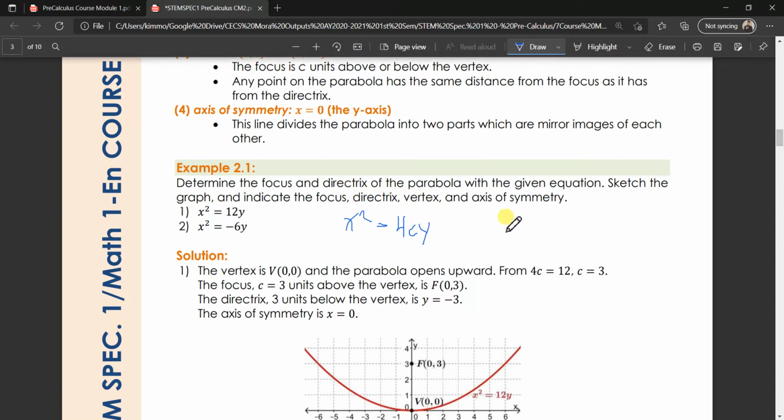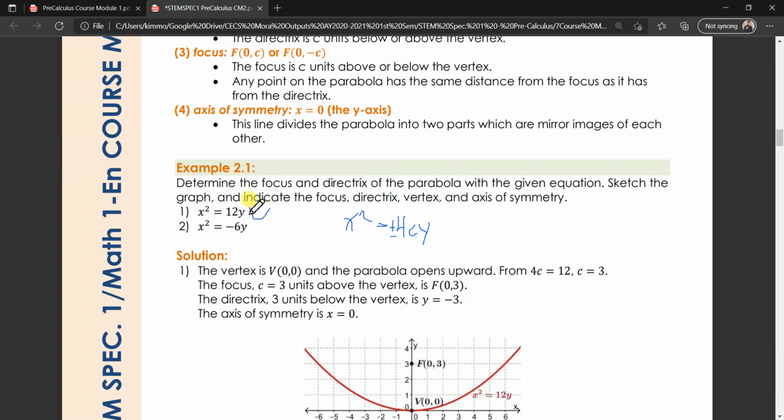So sa downward naman is negative lang siya. So let me write na lang positive or negative. So positive if it is opening upward, then negative if it is opening downward. So for number 1, since it is positive, so we can say that this parabola is opening upward. So paana na siya.